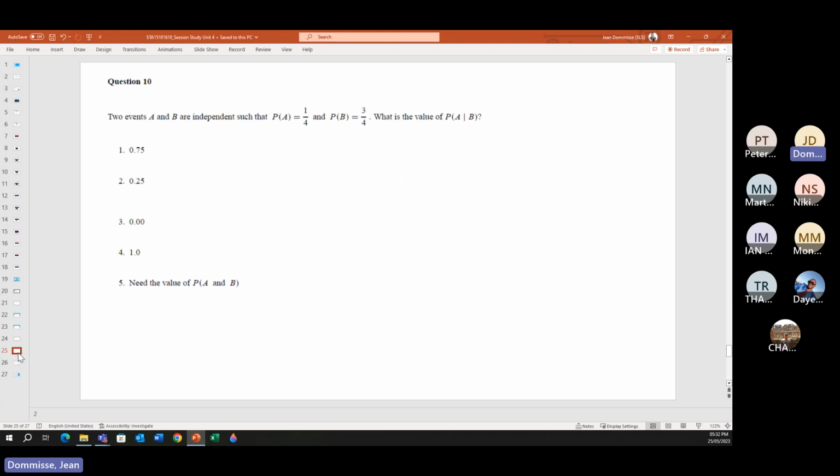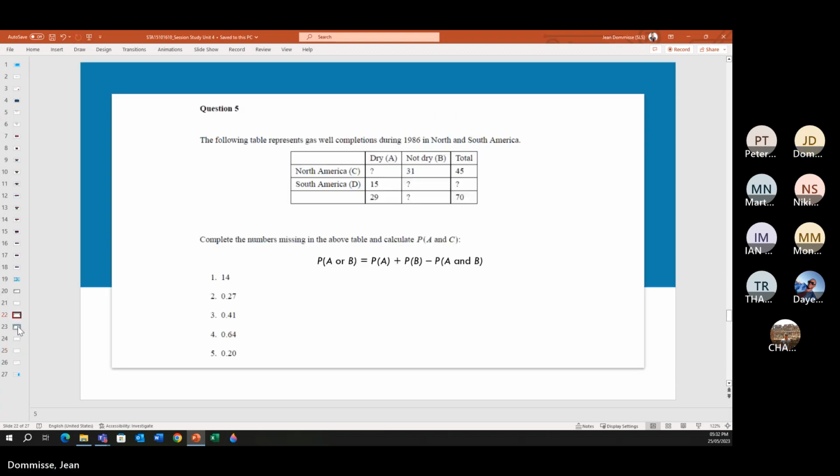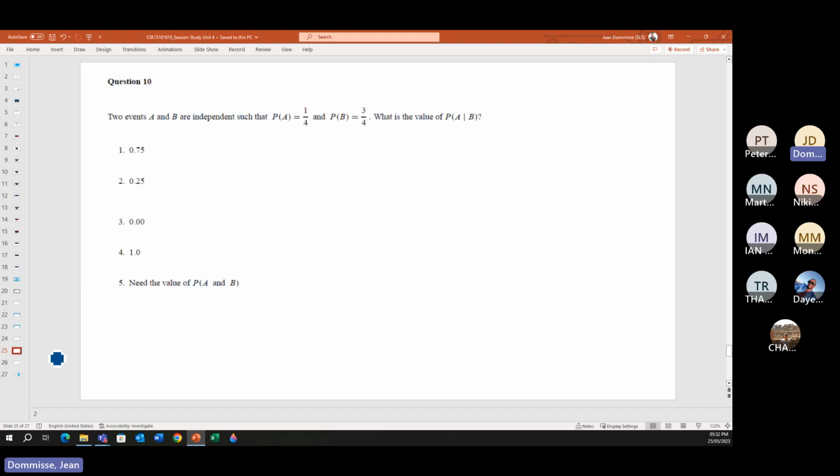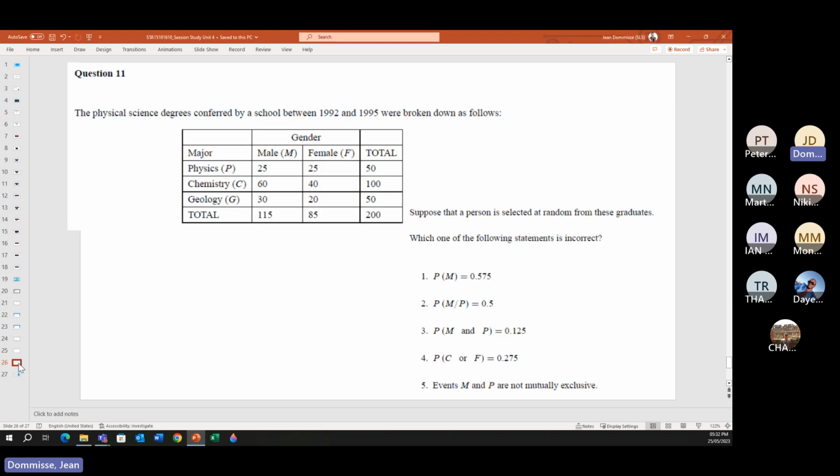Definitions as well. So you would see that, where was it? Here, there are some definitions that they will definitely ask. Then they would ask something on independence. I think one of them previously was also on mutually exclusive.